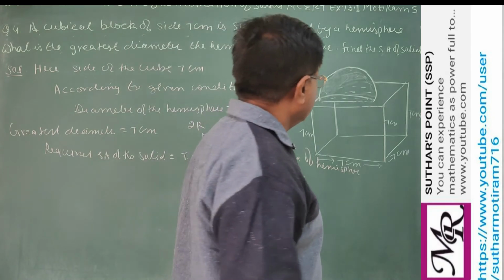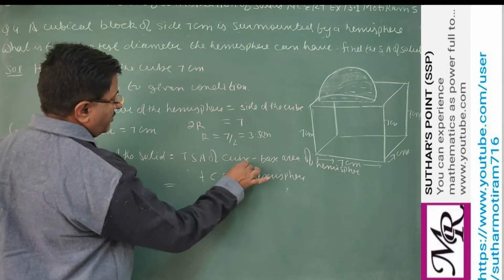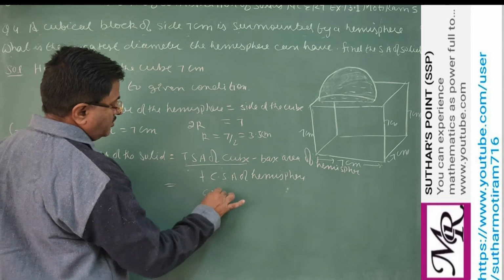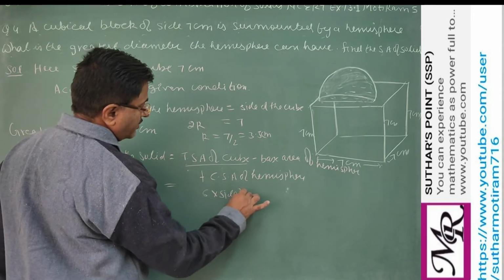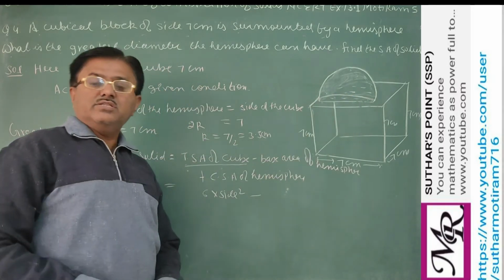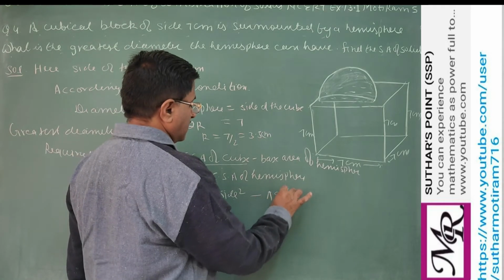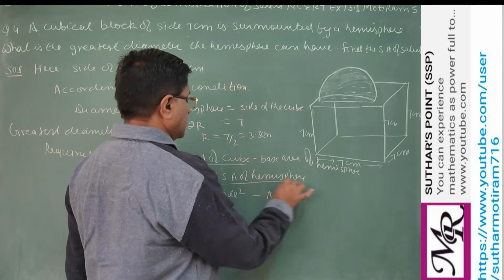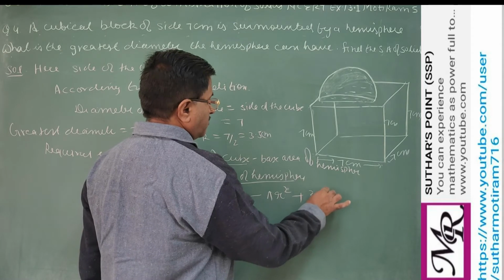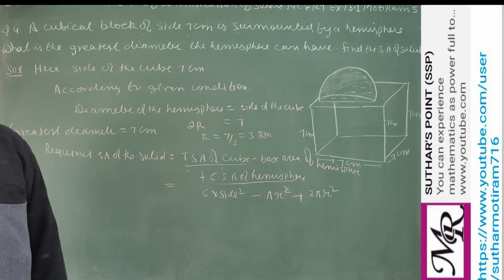Now use the formula. Total surface area of the cube, you know, is 6 into side square, minus base area. Now the base of this hemisphere is in the form of a circle, so the area of a circle is pi r square, plus the curved surface area of the hemisphere, the formula we know is 2 pi r square.